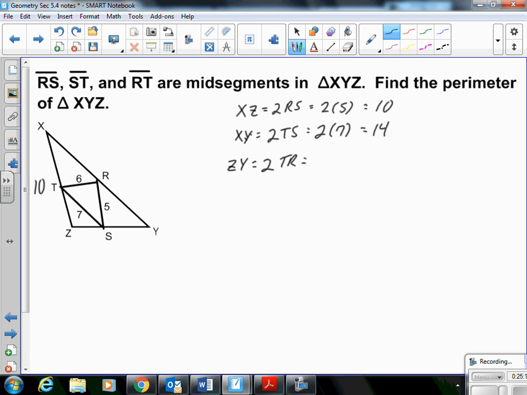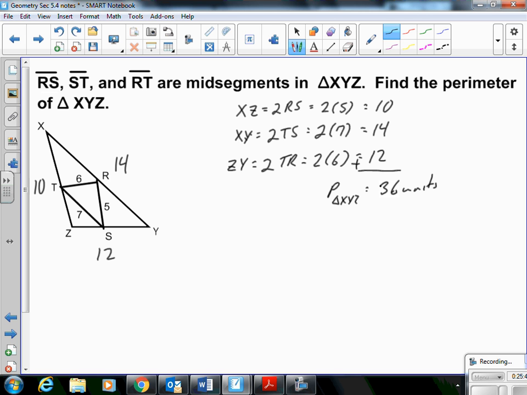And TR has a length of 6, so that's 2 times 6, or 12. So perimeter is just adding the 3 sides together, right? So if I add those 3, then my perimeter of triangle XYZ is 36 units.